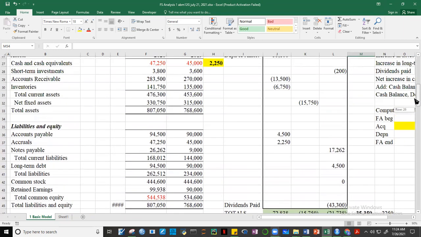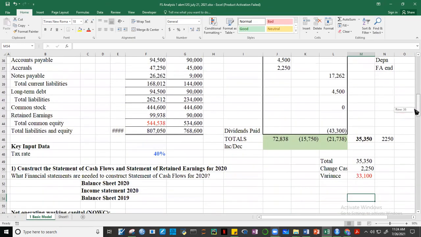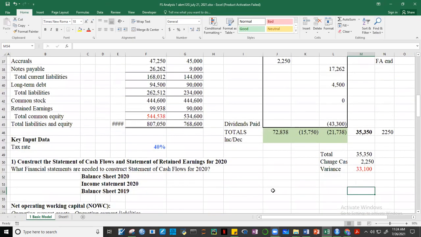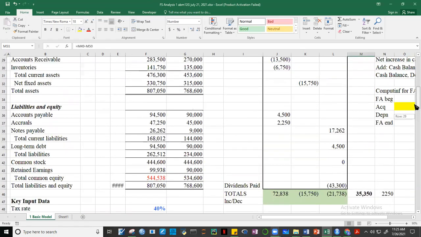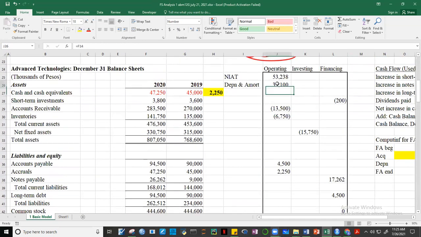Any suggestion? Oh, yeah. Depreciation and amortization. Thank you, Elijah. Thank you, Gab. So, ano gagawin natin dun sa depreciation and amortization? Any suggestion? Yun nga, 33,100. Tapos dito, ayun, 33,100.